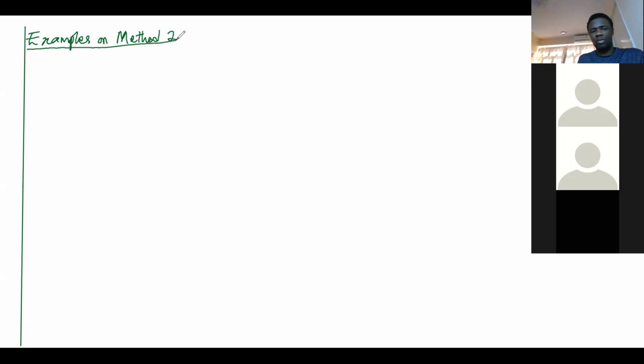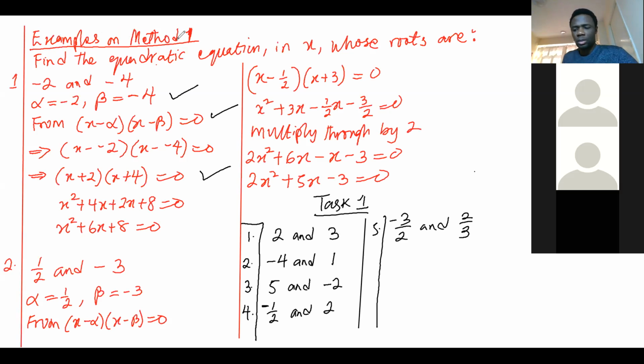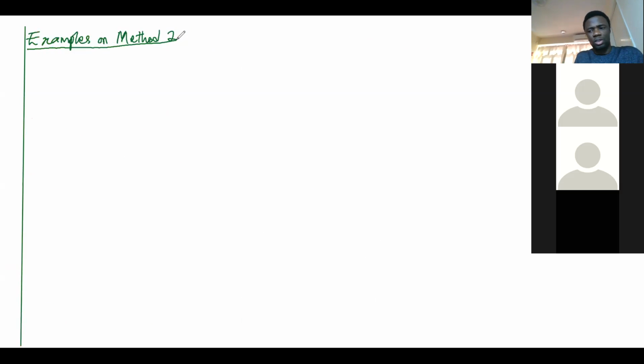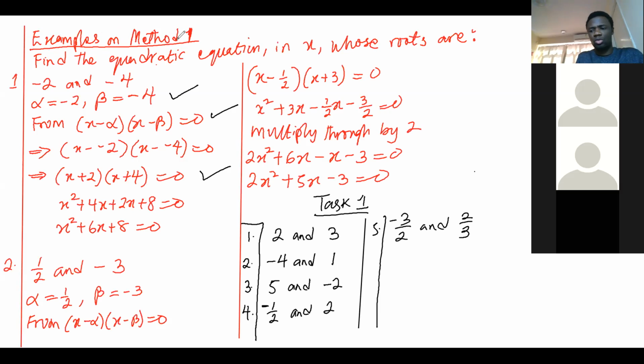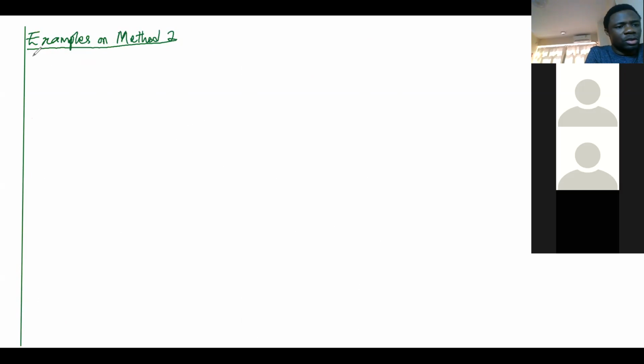So again, we will begin with the question. The instruction is the same. Find a quadratic equation whose roots are, just going to write it.